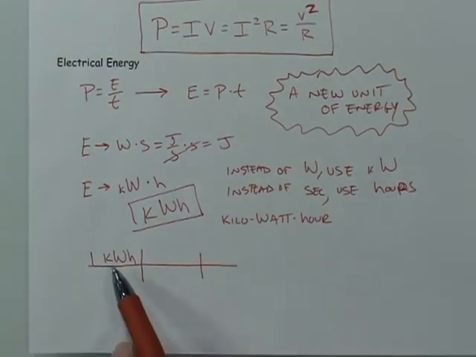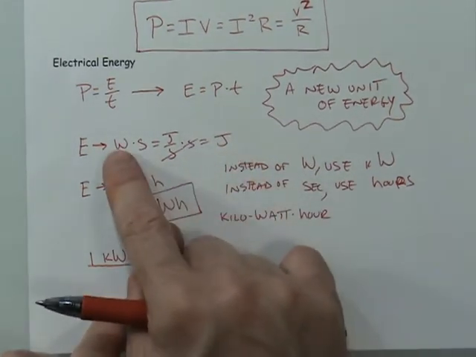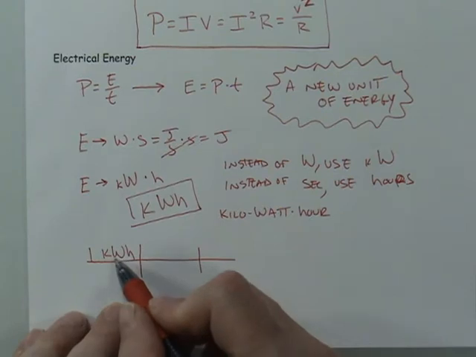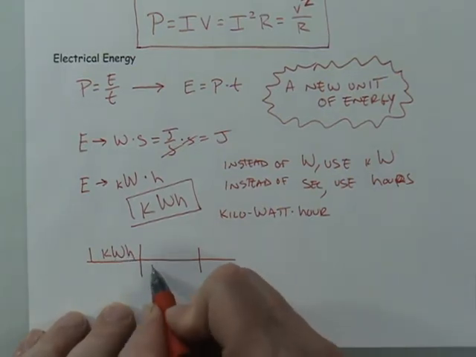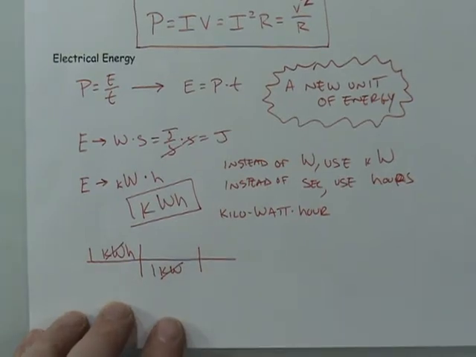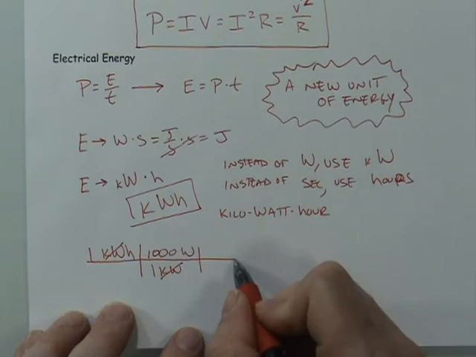The first thing I want to convert is the kilowatt. I need to get to joules, and in order to get to joules, I need watts and seconds. So I need to change these two from kilowatts to watts, and from hours to seconds. I'm going to put 1 kilowatt on the bottom so that those cancel correctly, and on the top I'm going to put 1,000 watts.